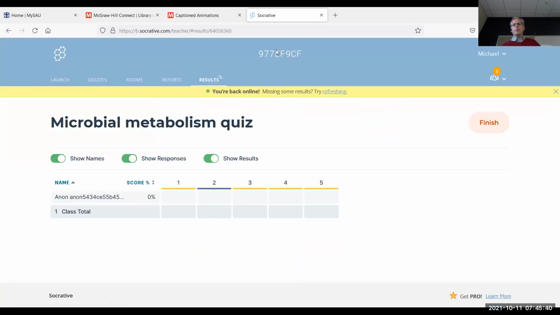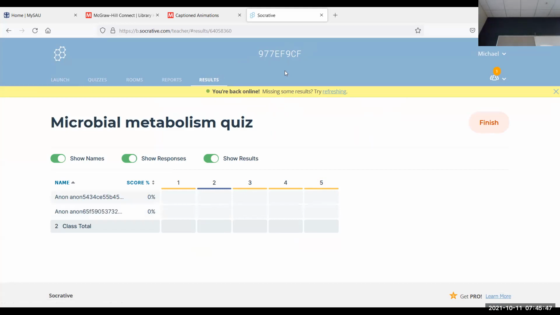Okay, so there's the room number that you put in for Socrative. Where'd you go?